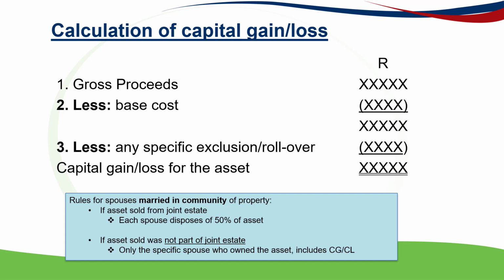So where you have spouses married in community of property, when they dispose of an asset, they will be deemed to have disposed of that asset equally if that asset forms part of the joint estate. If the asset does not form part of the joint estate, the spouse that disposed of the asset will include the capital gains or losses in their taxable income calculation.